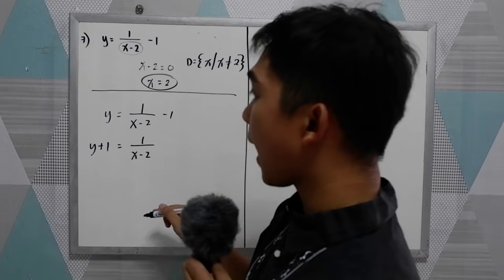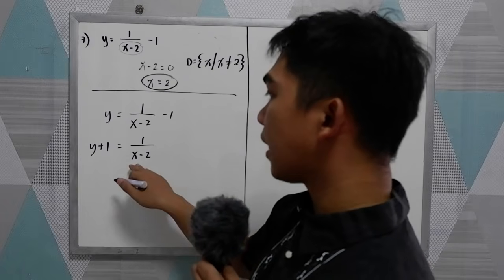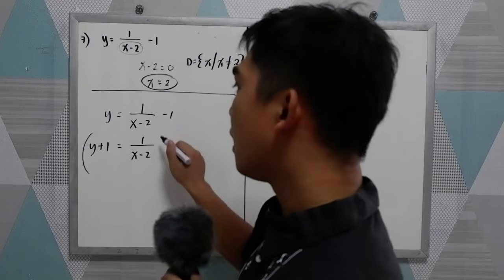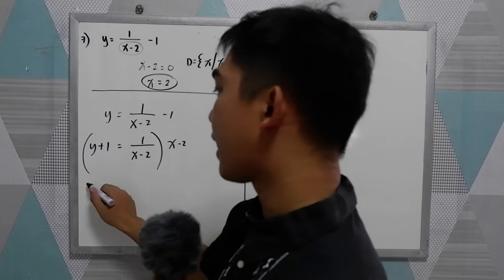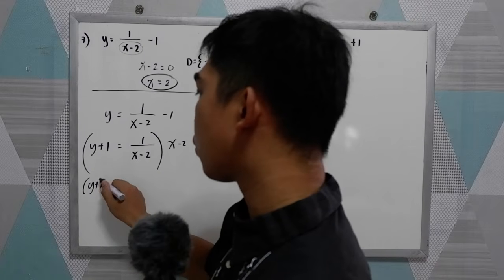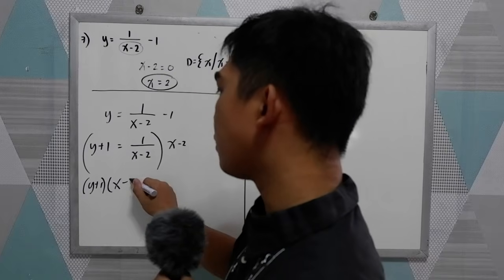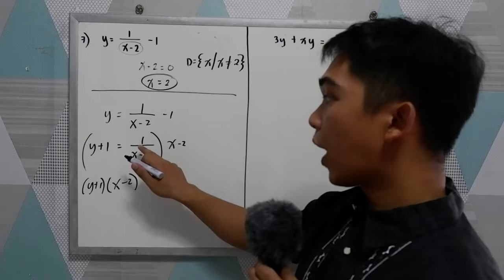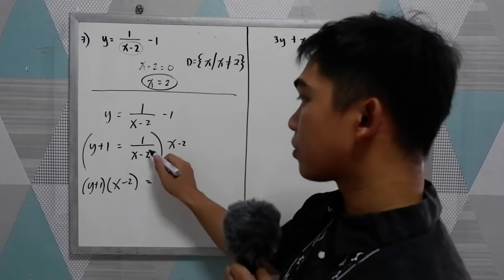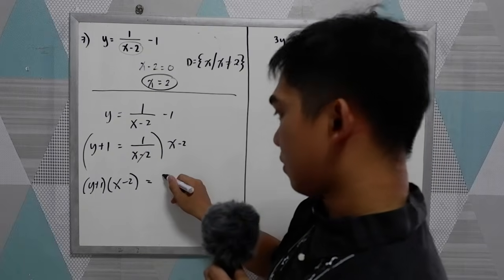Now cross multiply to remove the fraction, or simply multiply the equation by x minus 2. So it will become y plus 1 times x minus 2 is equal to 1 over x minus 2 times x minus 2. That will cancel out, leaving 1.